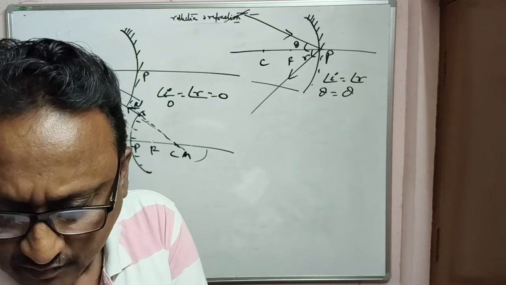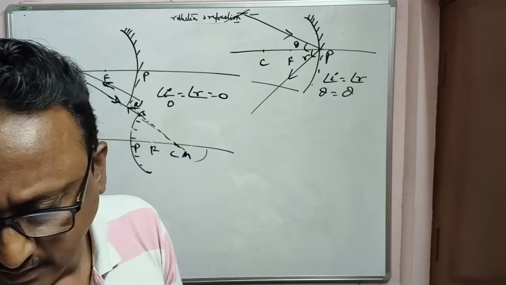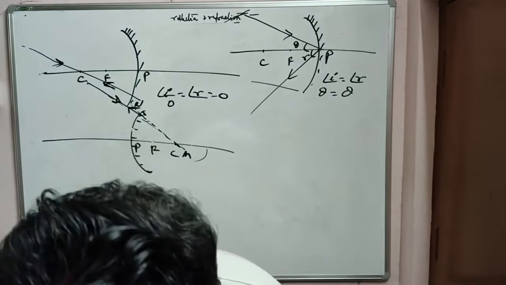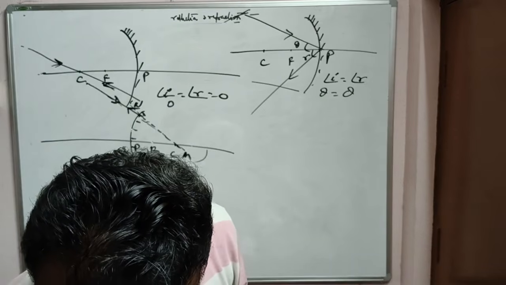Now next, after this, some more things we'll be discussing regarding convex and concave mirrors. Already concave I have discussed more. Convex also, two more points I'll tell you for understanding in a better fashion.